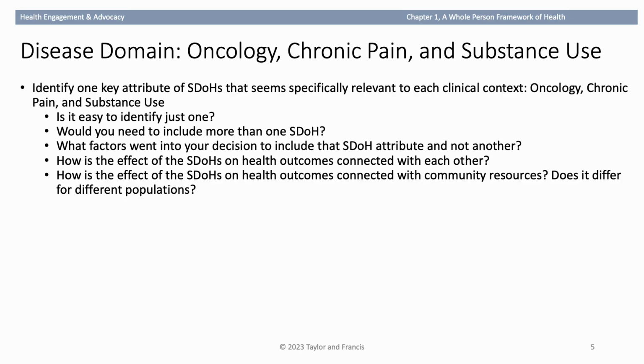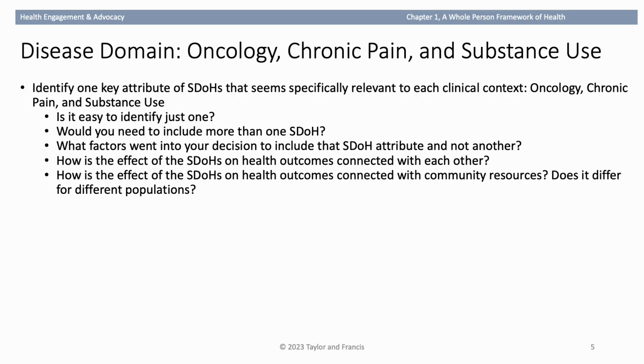The three that you will see on that document are oncology, chronic pain, and substance use. You'll see their whole person health dimensions and the coordination of care dimensions along with a little bit of extra information. You also have the SDOHs on the previous slide.